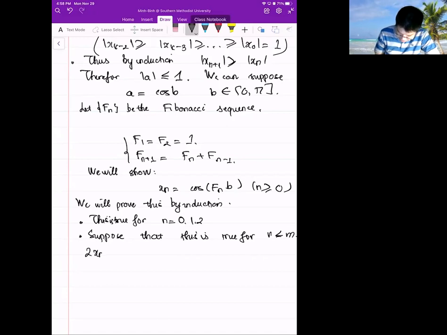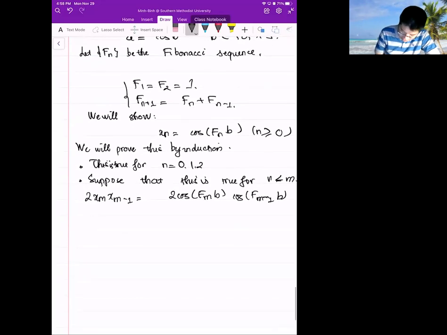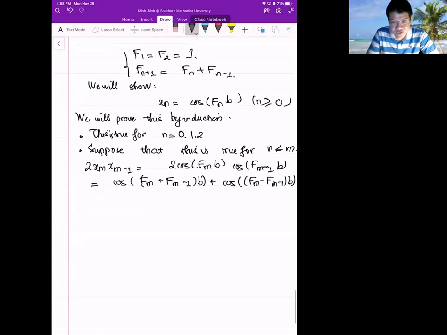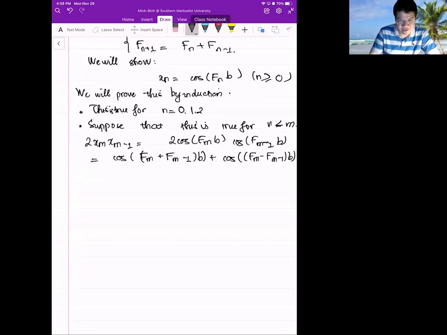Then 2xm minus 1 will be 2 cosine of Fm b and cosine of Fm minus 1 b. And by the standard formula for the cosine function, you're going to have this, but you know that this is cosine of Fm minus 2 b plus cosine of Fm plus 1 b.